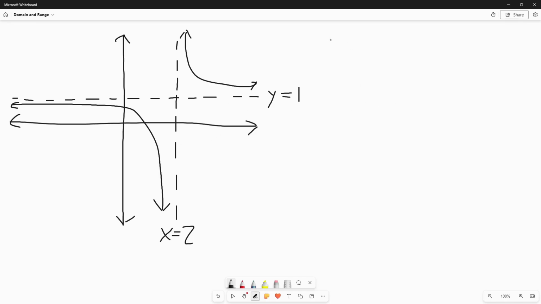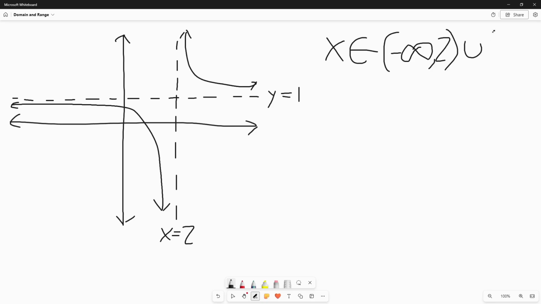So what we would do in this situation is write x exists in. First, it can go all the way to -infinity, so parentheses -infinity, 2, and it doesn't touch 2, so we write parentheses, and we write a U. This means that the thing before it and the thing after are both parts of the domain.